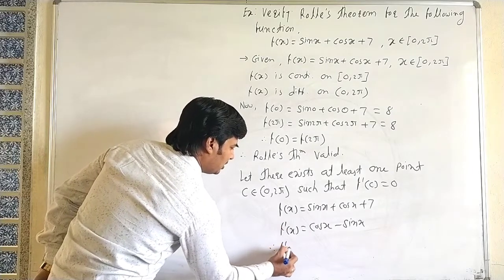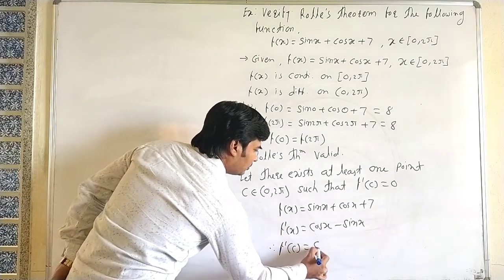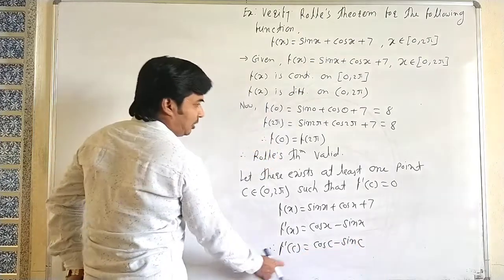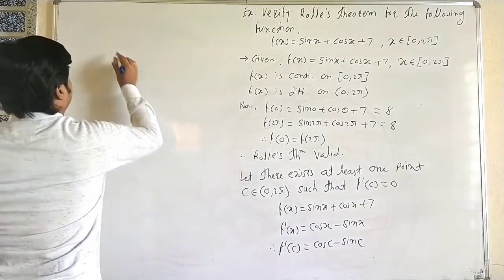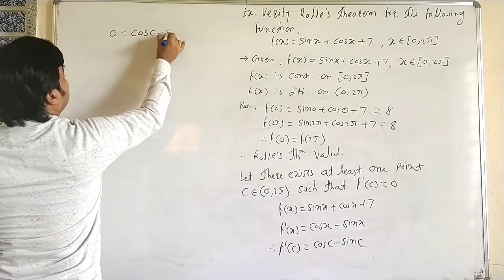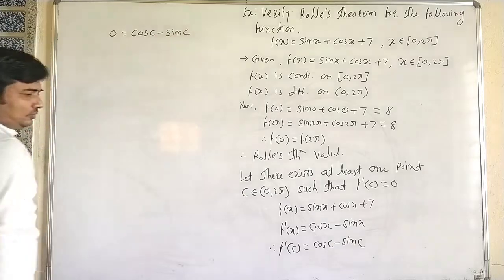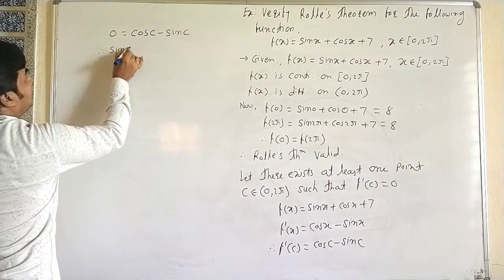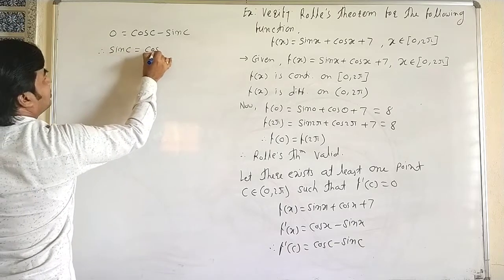Therefore f dash of c is equal to cos c minus sin c, and f dash of c is 0. Therefore we can write 0 is equal to cos c minus sin c. Therefore sin c is equal to cos c.